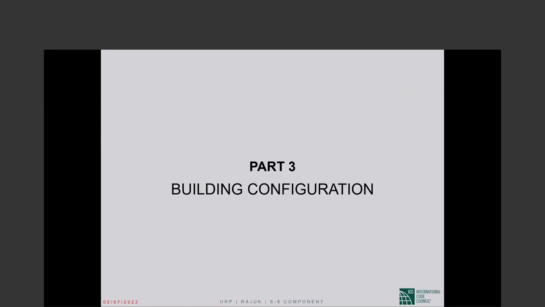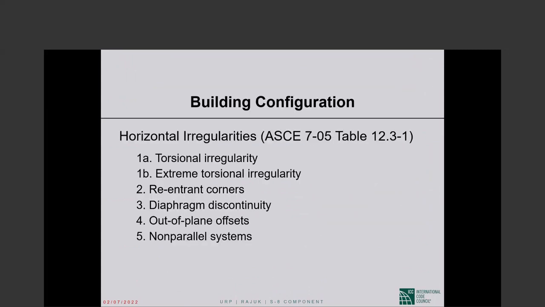Okay, building configuration, very important topic. ASCE 7-05 has a table of horizontal irregularities, and those are torsional irregularity, extreme torsional, re-entrant corners, diaphragm discontinuity, out-of-plane offsets of the seismic force resisting system, and non-parallel seismic force resisting systems.